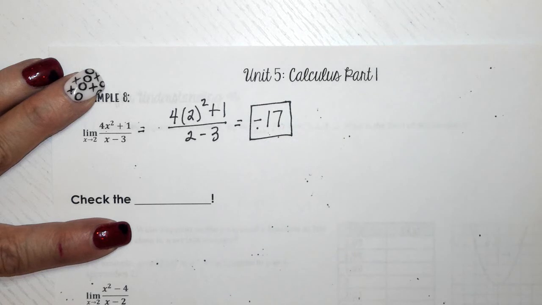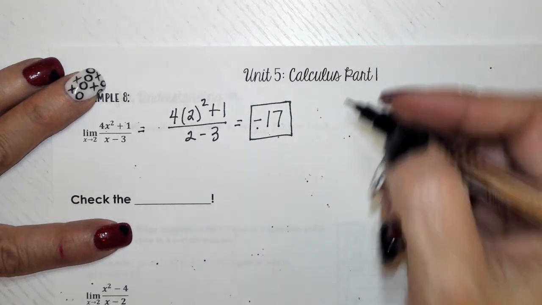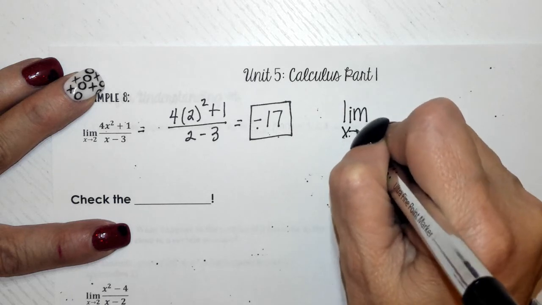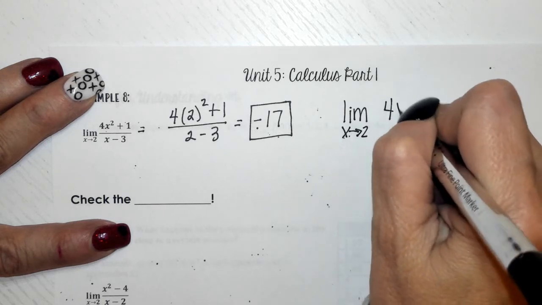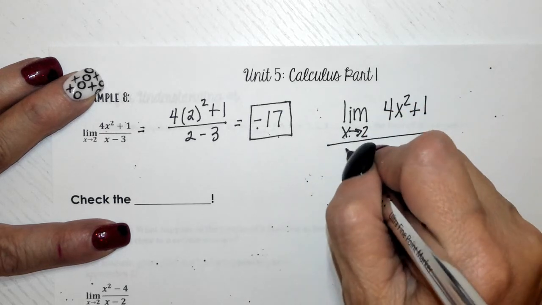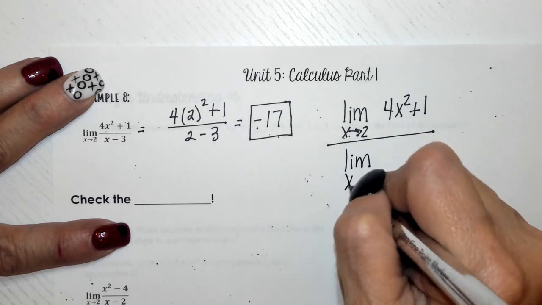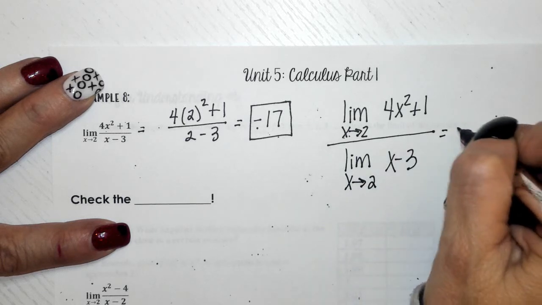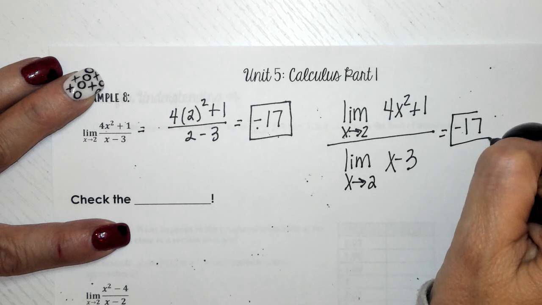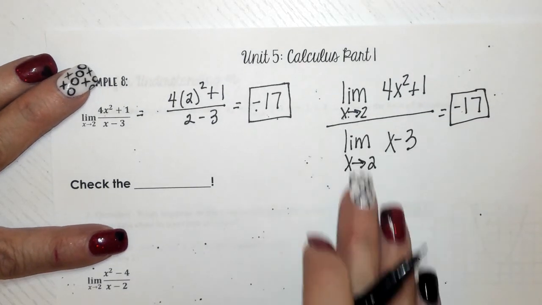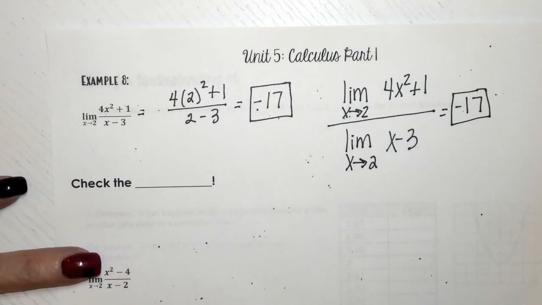There you go. Now, one thing I want to point out to you, if you wanted to rewrite this and say, the limit as x approaches 2 of 4x squared plus 1 over the limit as x approaches 2 of x minus 3 equals negative 17, that is the better way to write that one because you're showing that it's the two limits over everything.